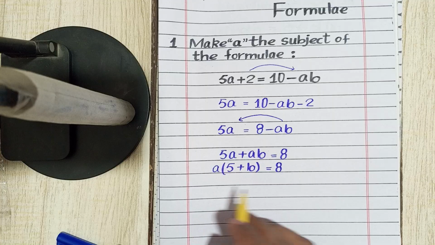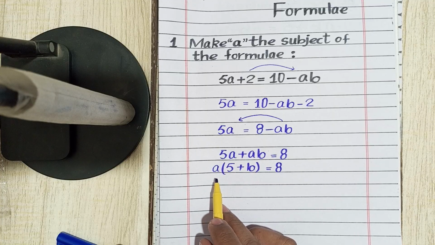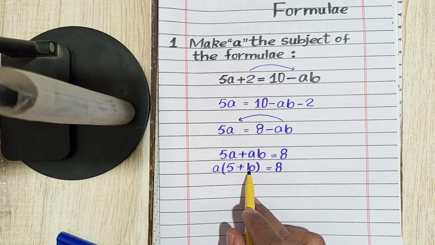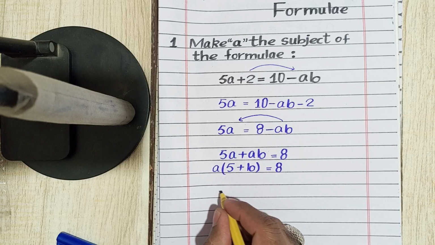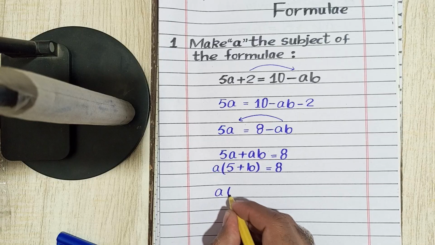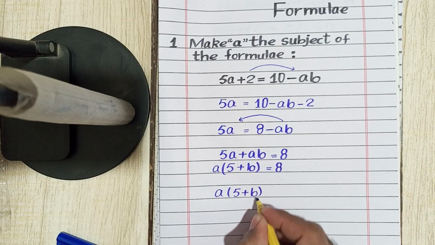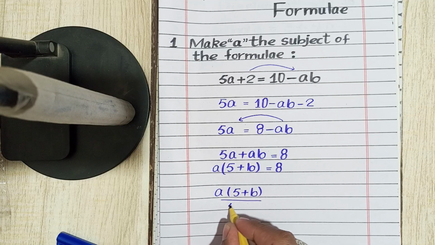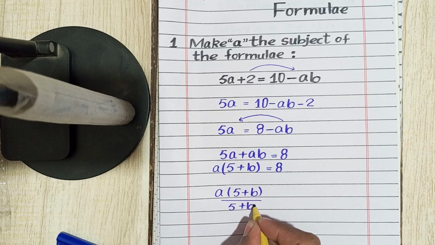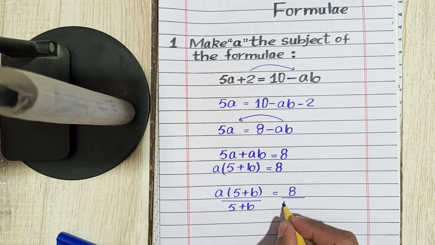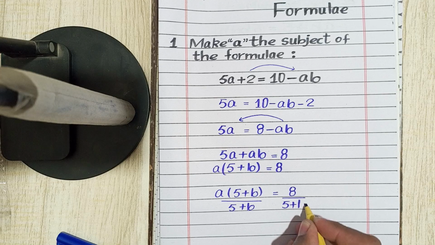Now we want to calculate the value of a, but here we have 5 plus b. So now we divide both sides with 5 plus b. Here we have 8 on the other side.